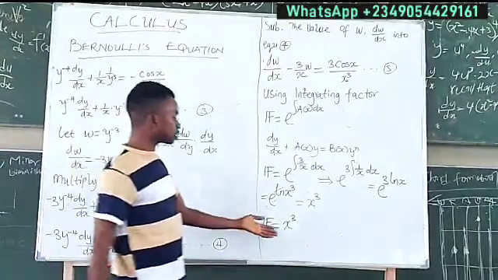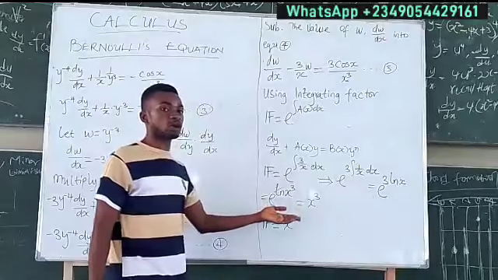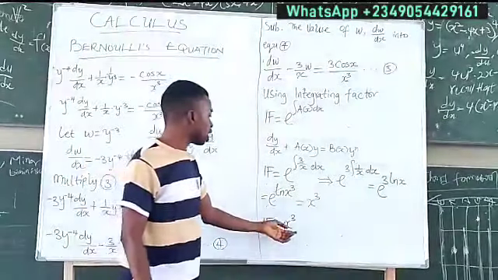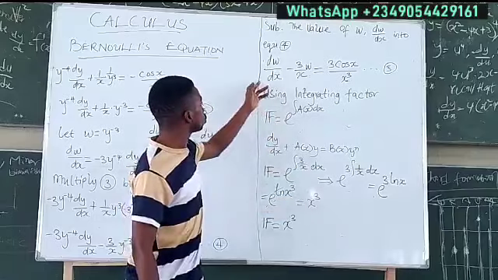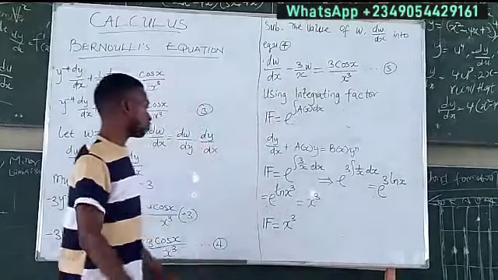So now, since we have gotten our integrating factor as x raised to power 3, we can now multiply our integrating factor to equation 5.